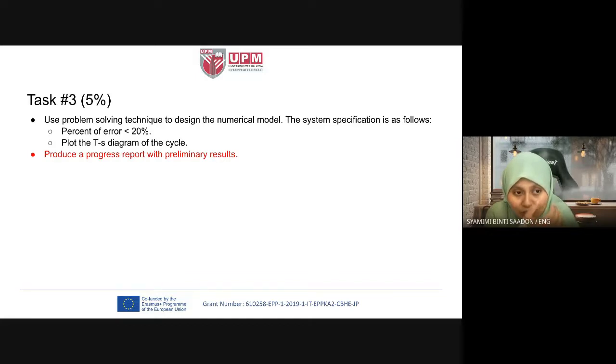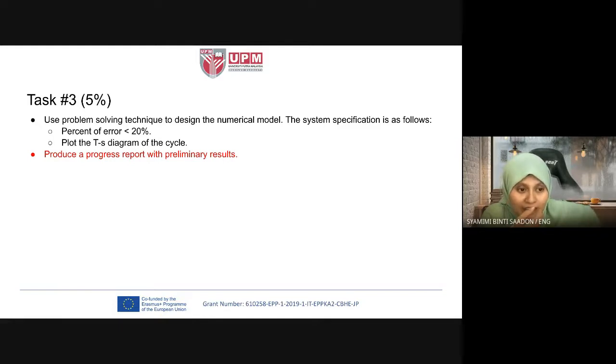Sometimes there are parameters that we have to assume. So in order to minimize the error of your assumption, of your hypothesis, you need to run the cycle, the program, the loop several times, in the MATLAB or the Python. So you have to reduce this percentage of error.